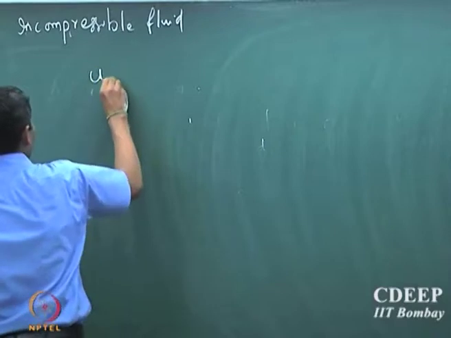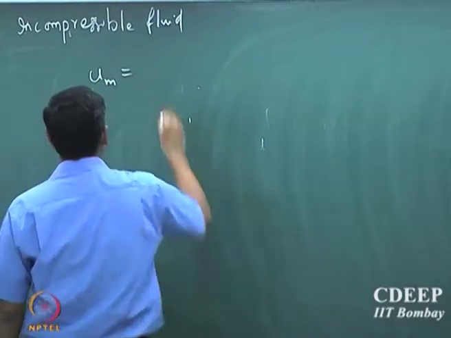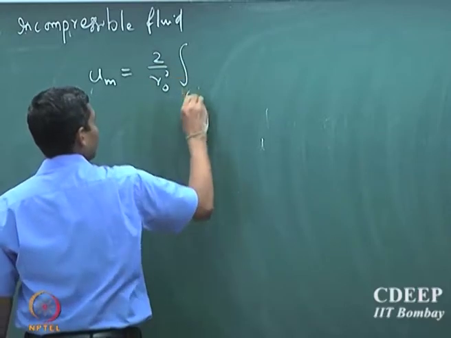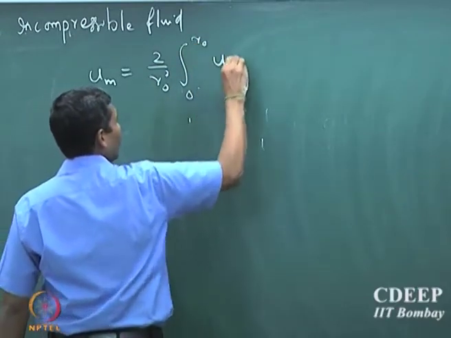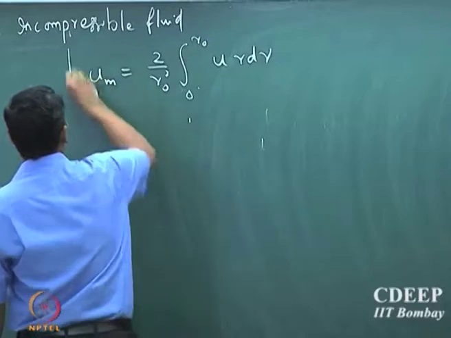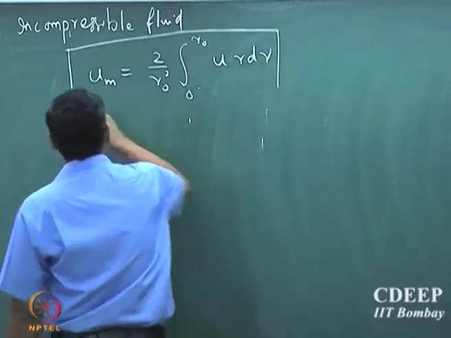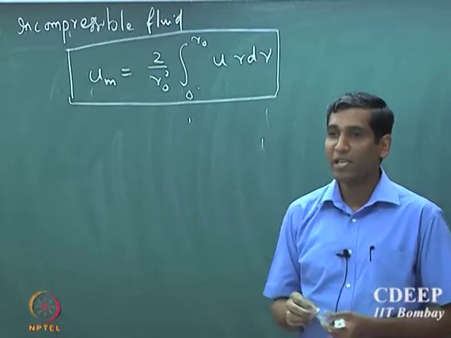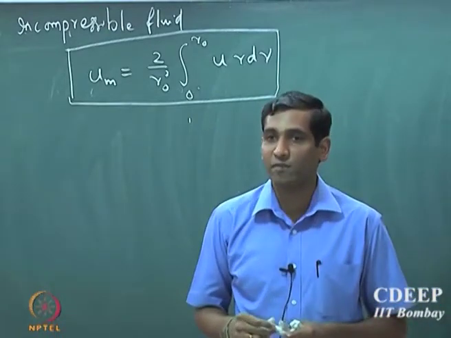So UM, which is the cup mixing velocity, will be 2 by r naught square integral 0 to r naught of u r dr. So that is the definition of the mixing cup or the cross sectional average velocity.